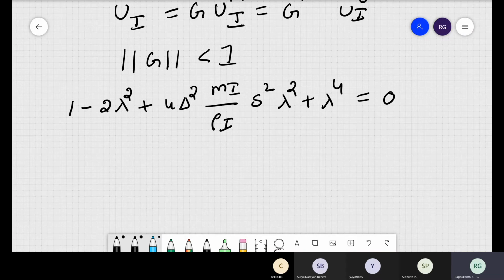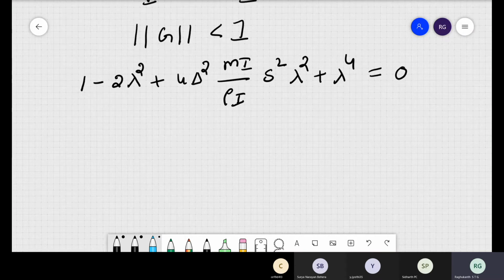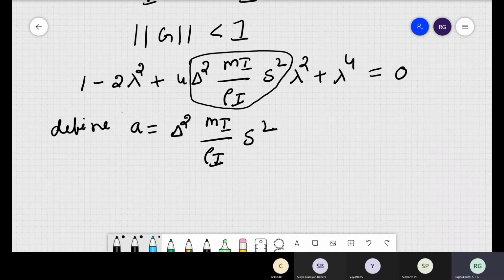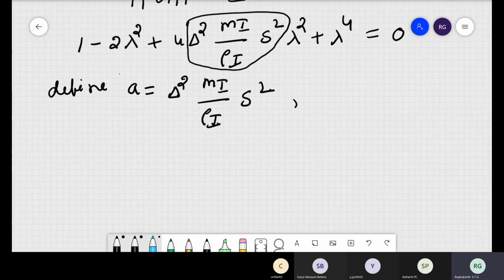Just for simplification, if you define a new variable a, which is delta squared times mu by rho I times capital S squared, so this entire expression we replace with a. Then we define a new variable z, which is lambda squared, because you have lambda to the power 4.